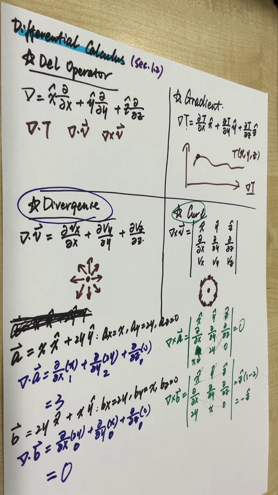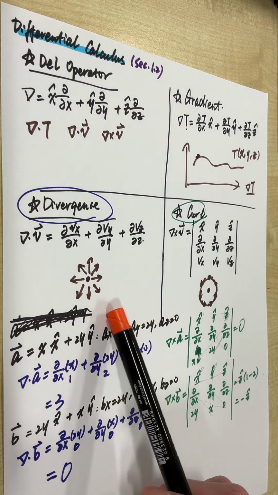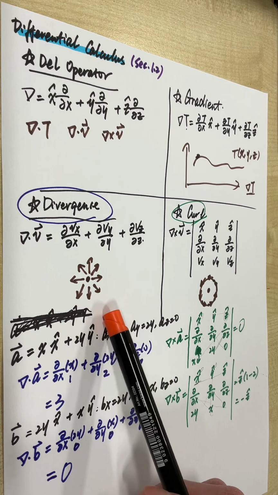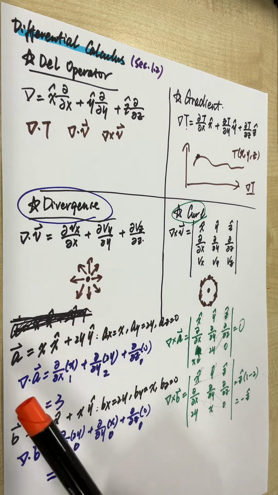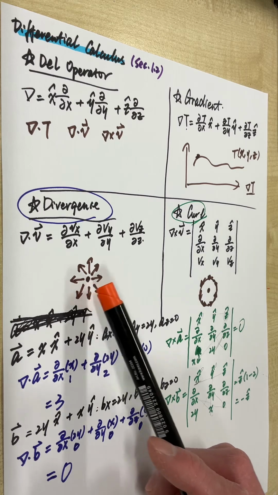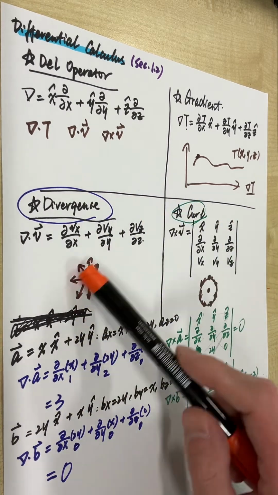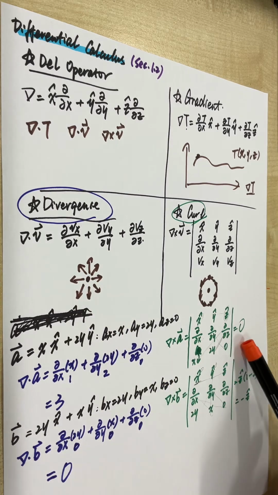So A looks very much like an electrostatic field. We have an electric charge here in the middle, and then the vectors spread out, but they don't curl. So here, the curl equals 0.